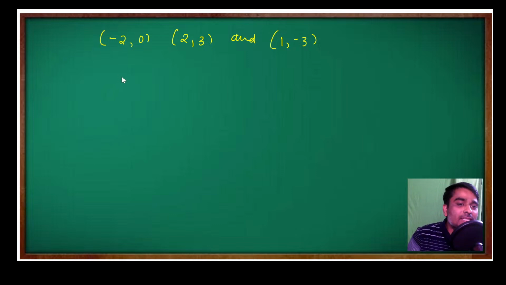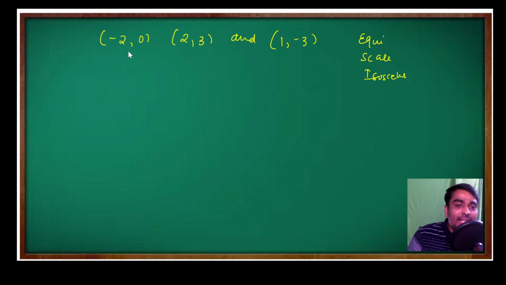We will use distance formula and say whether the triangle is equilateral, scalene or isosceles. If they ask you to find area of triangle and all, such type of questions won't come. That portion is deleted.